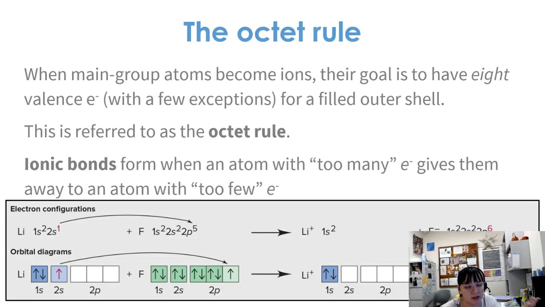And so what this figure illustrates is how a lithium atom can give away its electron to a fluorine atom, thus completing fluorine's valence shell and leaving lithium with just that inner core. And so when we make these ionic compounds, we start by forming these ionic bonds. It's really just this transfer of electrons that occurs here.